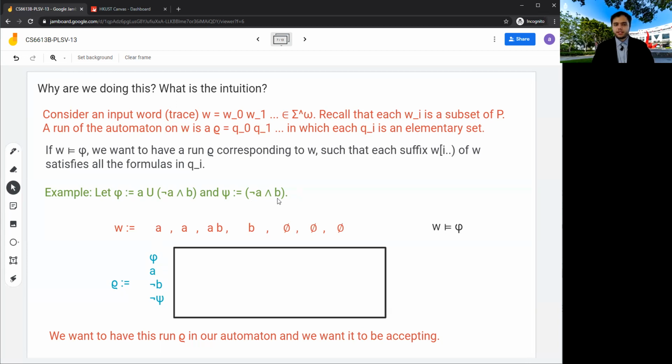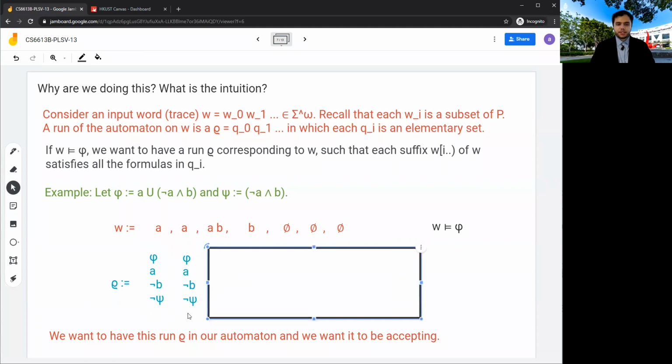It doesn't satisfy not A and B, right? So I want to have a state in my automaton, which should also be an initial state because I'm starting here, that is characterized by these different formulas. Now, for the next letter, I also want to have a state that consists of all the formulas that are satisfied by this suffix, by the suffix that starts at index 2. And again, we can just check.